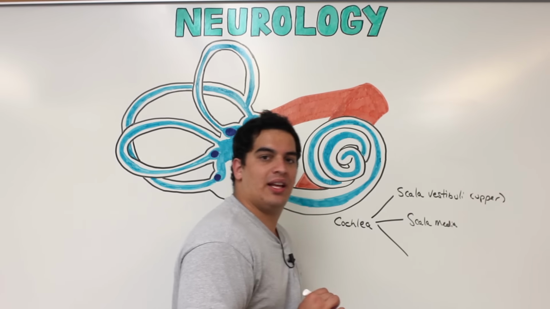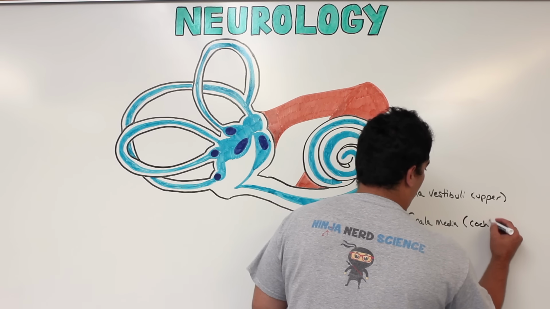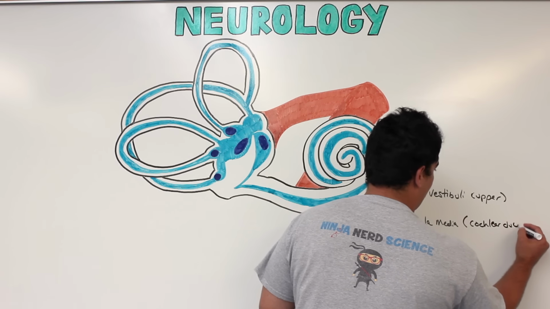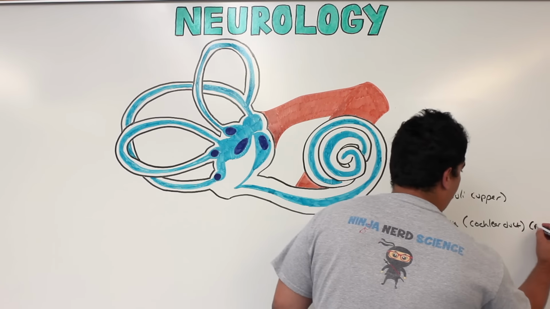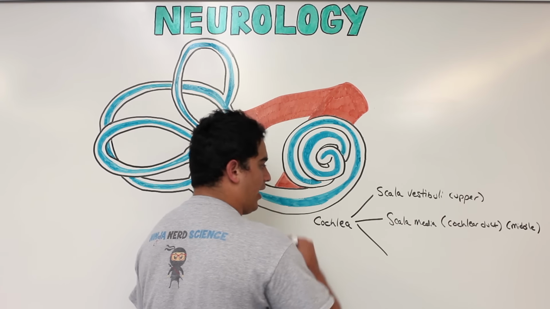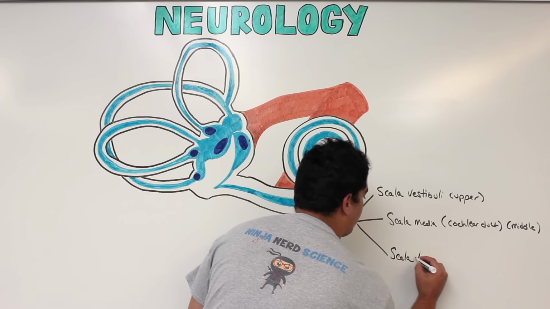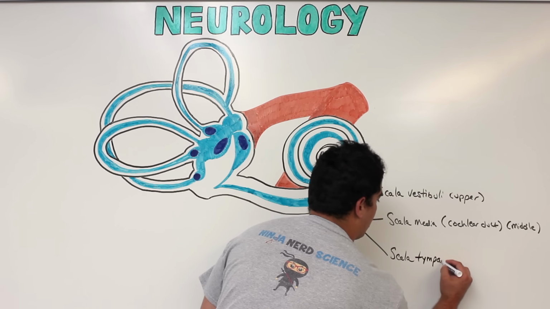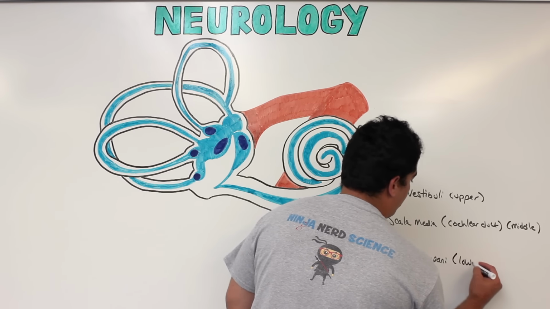They also call the scala media the cochlear duct. So another name for the scala media is the cochlear duct. This is the middle layer. Then the lower layer, the bottommost layer of the cochlea, is what's called the scala tympani. This is the lower chamber.